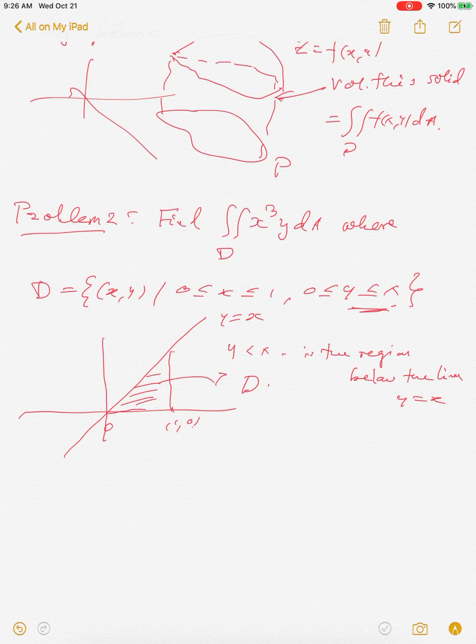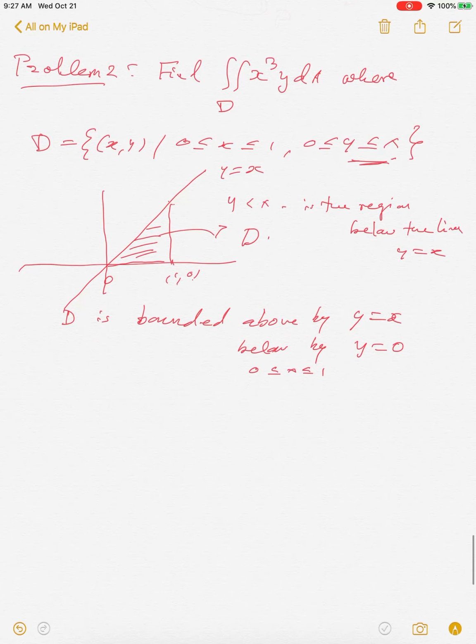So we drew the picture of D. Now this tells you that this region looks like the one that you want. So D is bounded above by y equal to x and below by y equal to 0, and on the sides x is between 0 to 1.